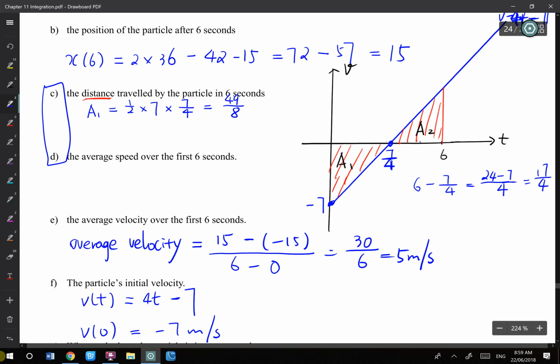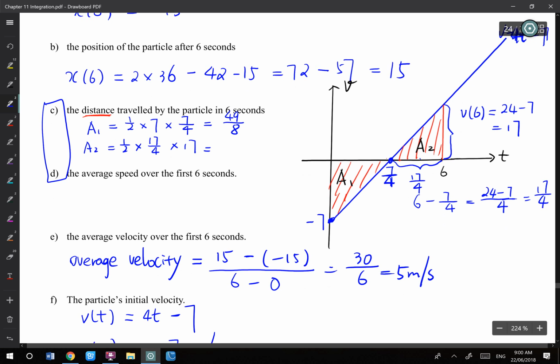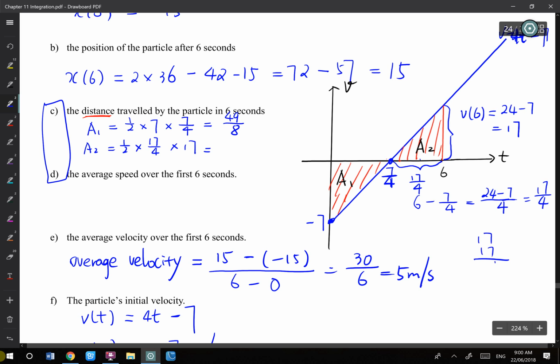So this part is 17 over 4. And here is v(6), which equals 24 minus 7, that equals 17. So A2 equals a half times 17 over 4 times 17, which equals 289 over 8.